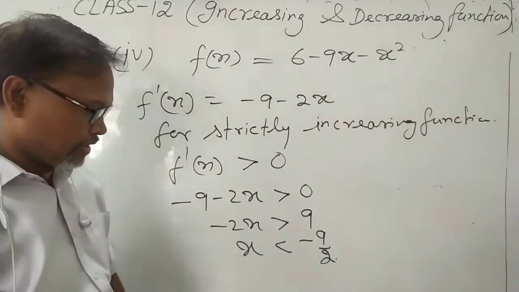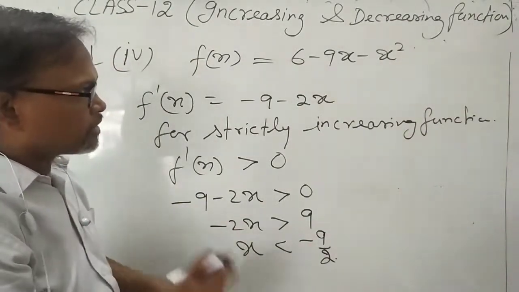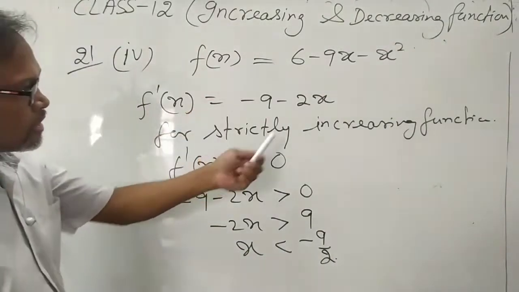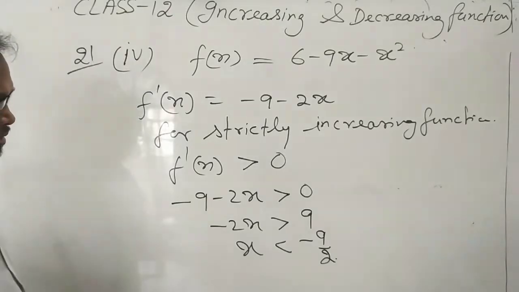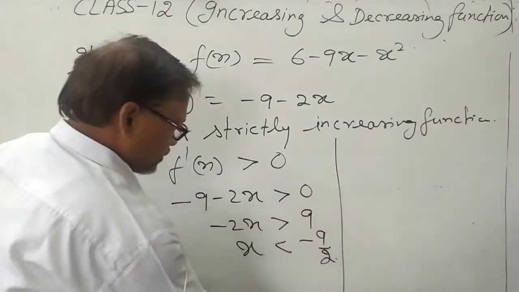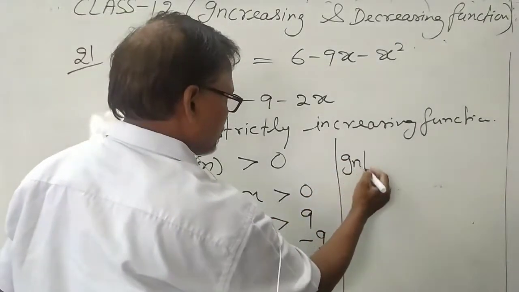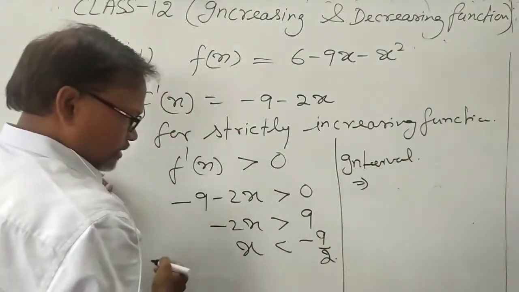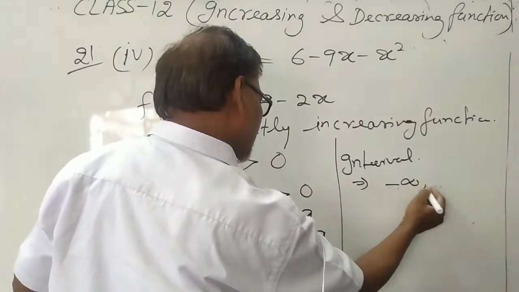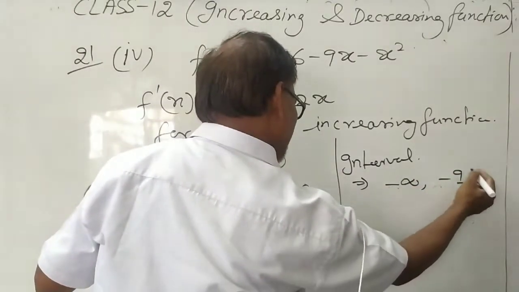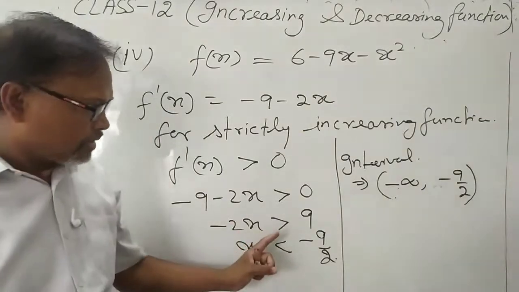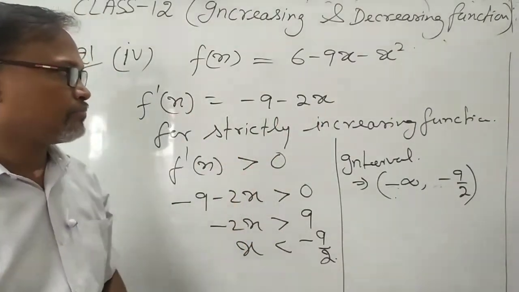This is the range. So the interval for strictly increasing is minus infinity to minus 9/2.